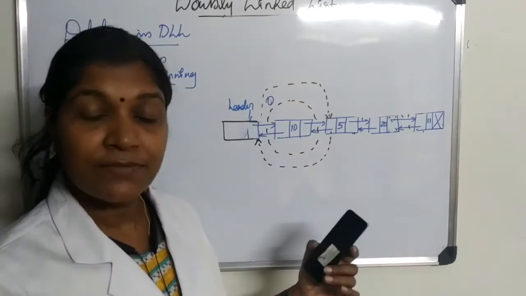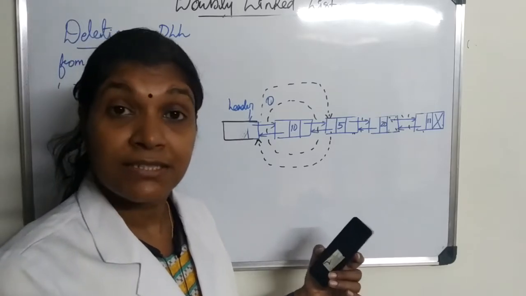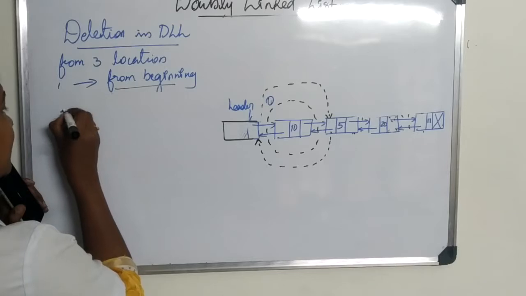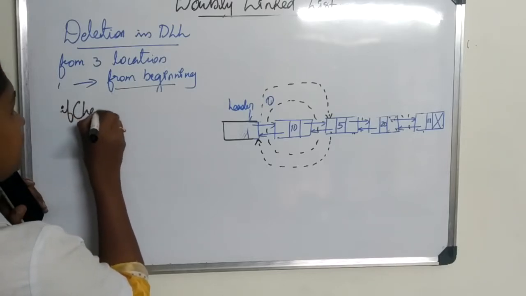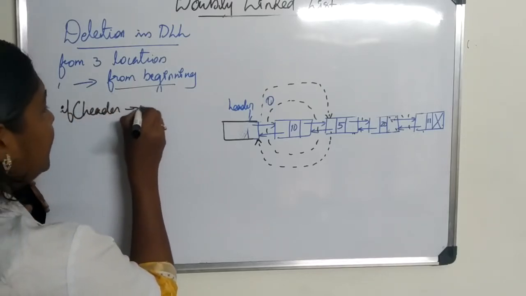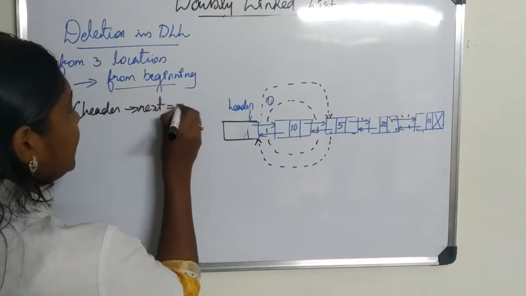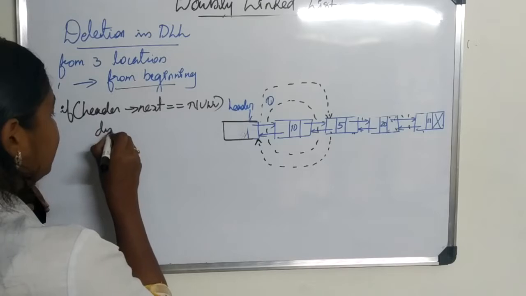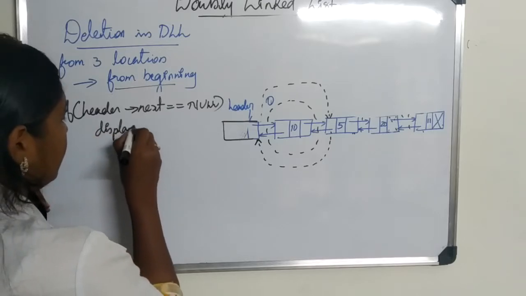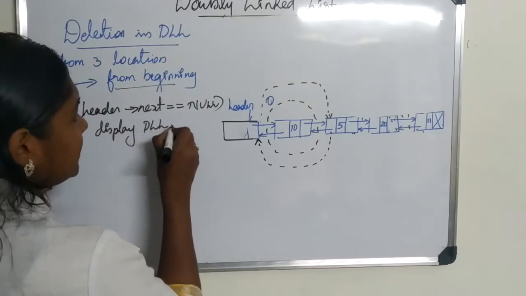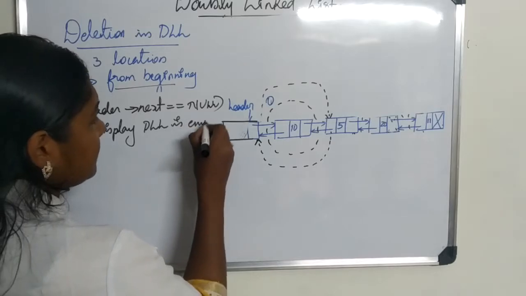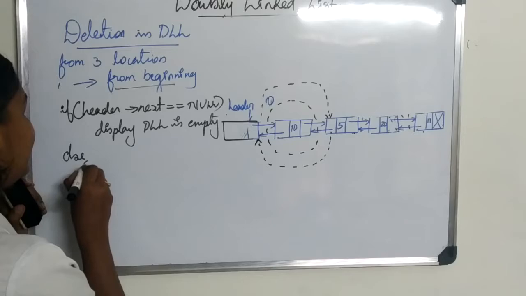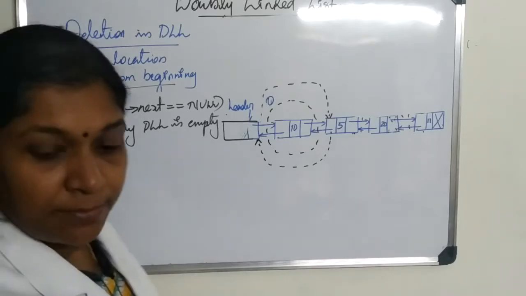In all the cases, first we would be checking whether the linked list is empty or not. So first we can provide the condition: if header.next is equal to null, then we can display "doubly linked list is empty". Else, in the else part only, we will be considering the deletion possibilities.